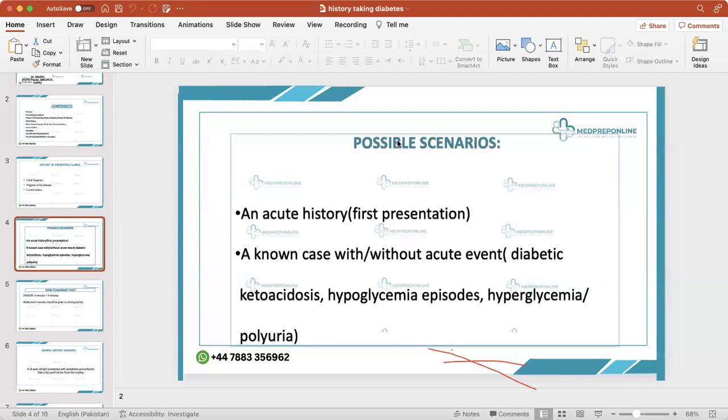Is the child going through diabetic ketoacidosis? Or is there any other problem? So you have to think like that. Then, can someone tell me, in a case of chronic illness like diabetes mellitus, what are the main components that you would like to cover in your history of present illness?